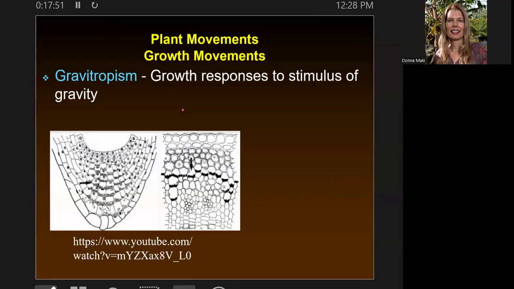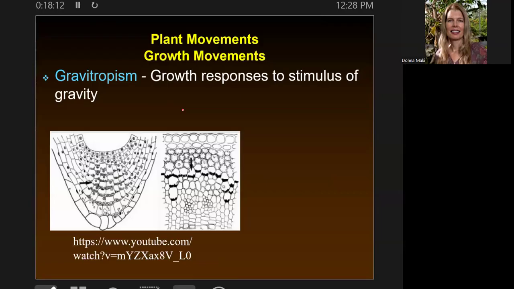So what they think is going on, I'm trying to show it here a little bit more dramatically, how the amyloplasts are settling due to the force of gravity. So this root's growing straight down. The amyloplasts have settled, and all those amyloplast organelles are creating pressure on just that part of the cell membrane.